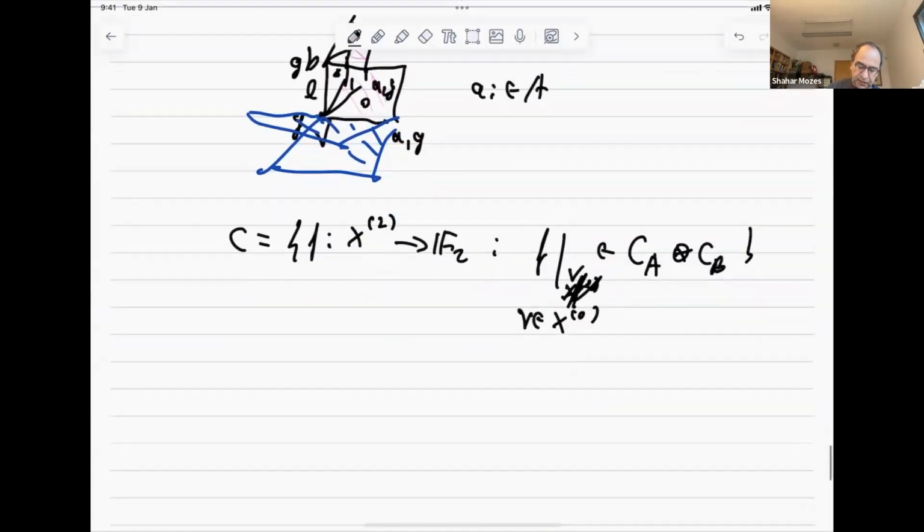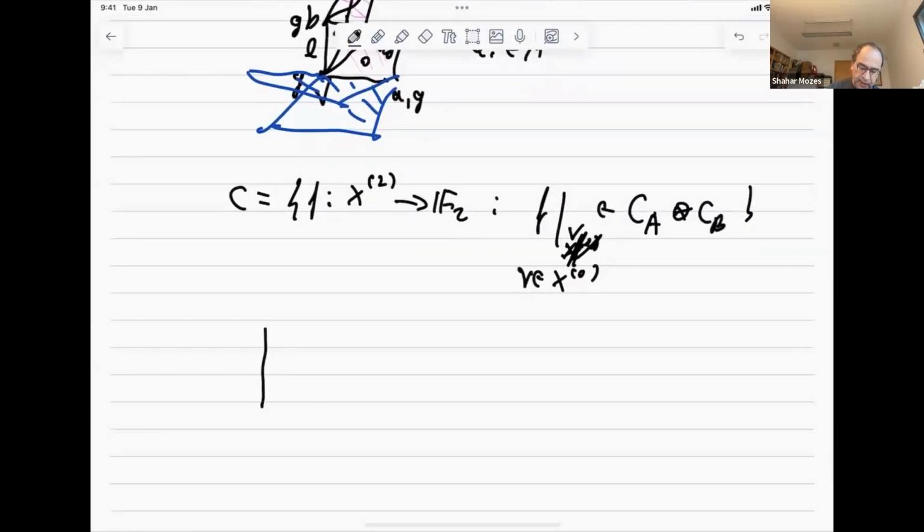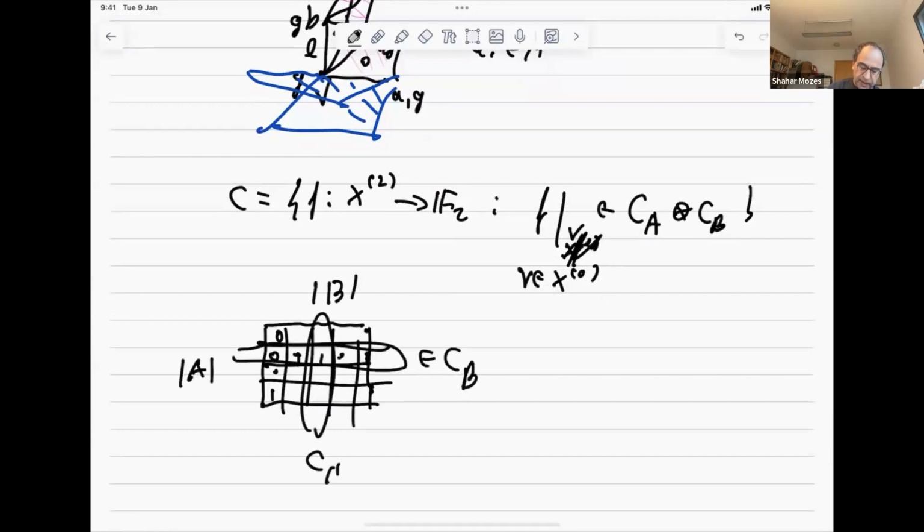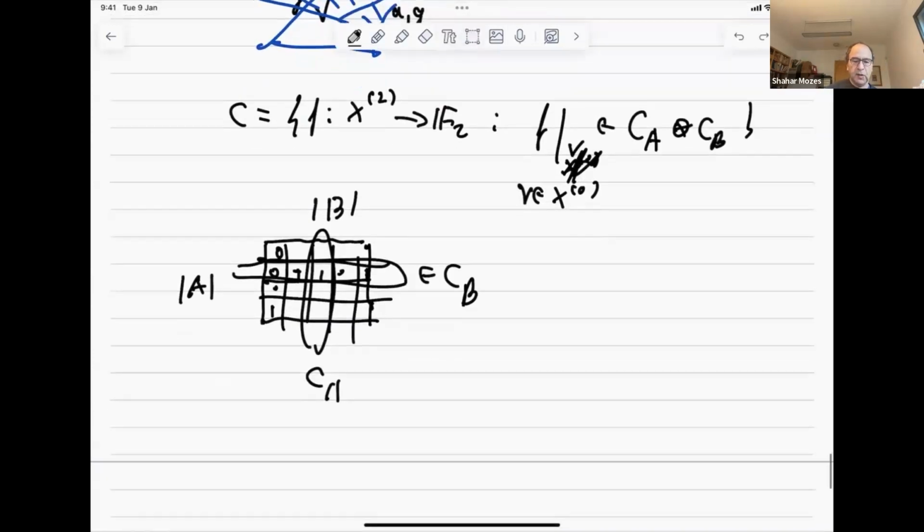It's convenient to think of it this way: you look at the squares at the vertex, you have a matrix of size |A| times |B|, and you can write all the zeros and ones at each vertex as a matrix, so that each row belongs to CB and each column belongs to CA. So this is the definition of the code.